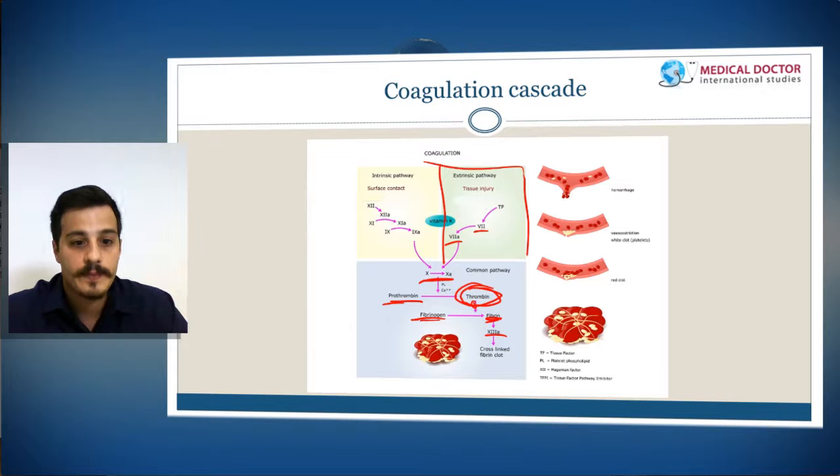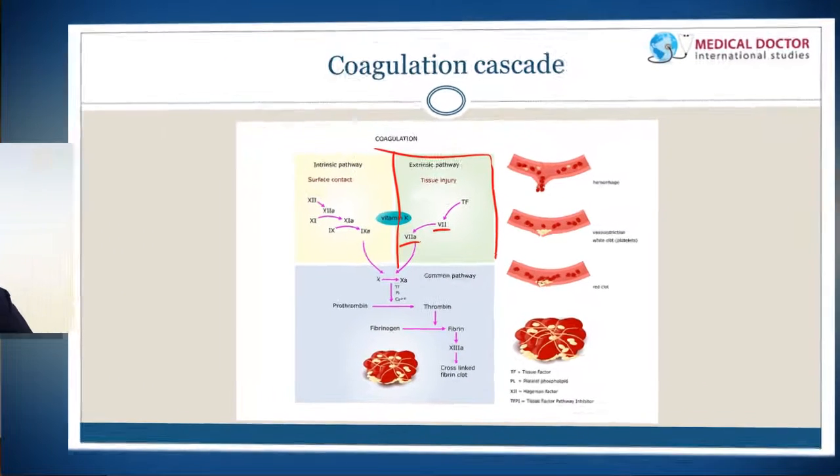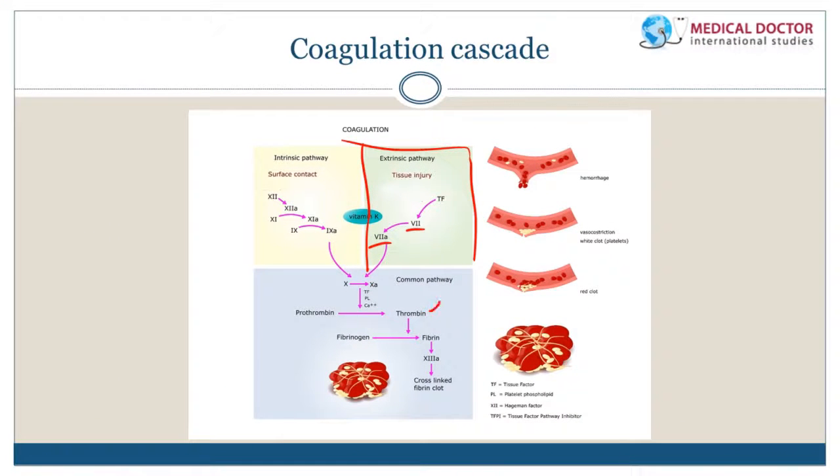If you see in the picture again, we can say that thrombin itself, or activated factor 2, is going to activate factor 5, and factor 5 is going to potentiate the action of activated factor 10, leading to more formation of activated factor 2 or thrombin.